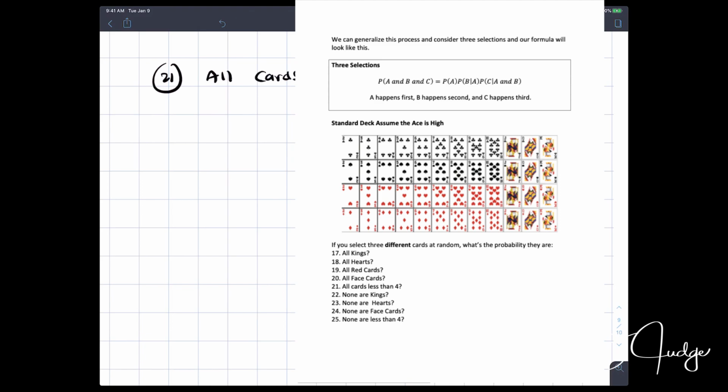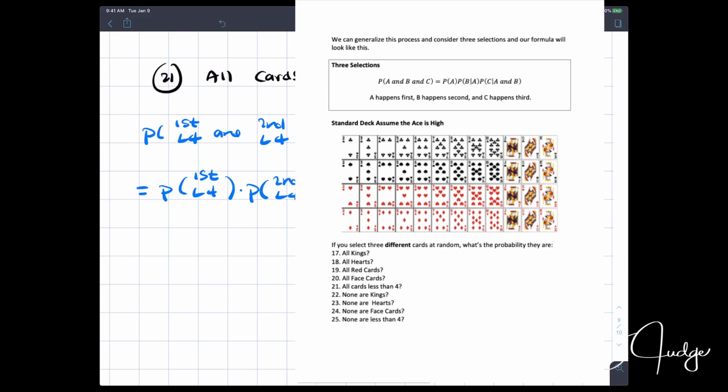So that means, since we're selecting 3, the first is, I'll put A for less than 4. And the second is less than 4. And the third is less than 4. That's the chance the first is less than 4 times the probability the second is less than 4.